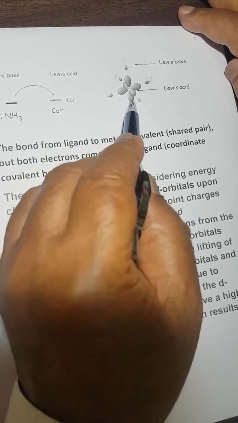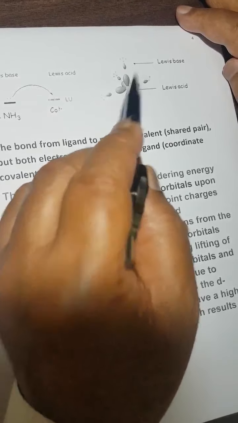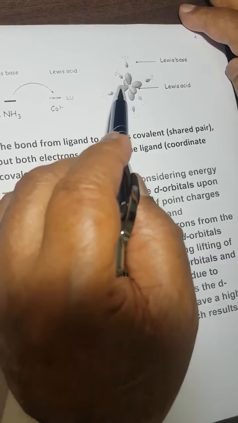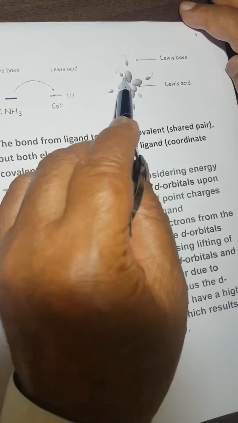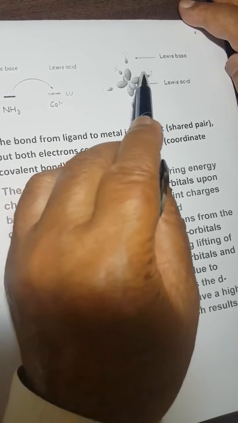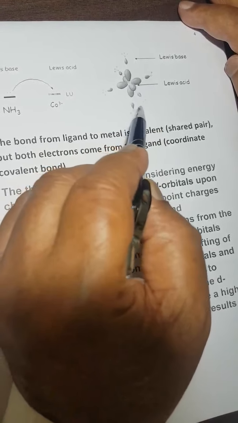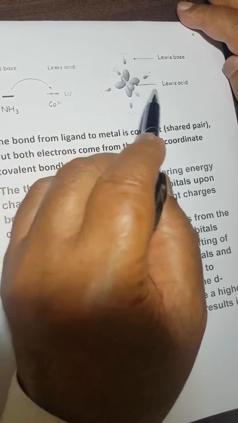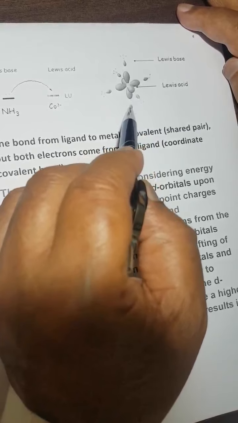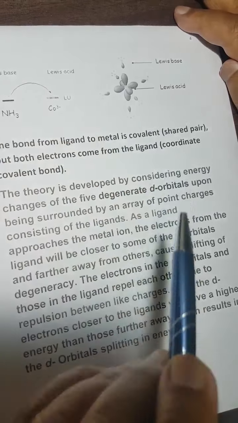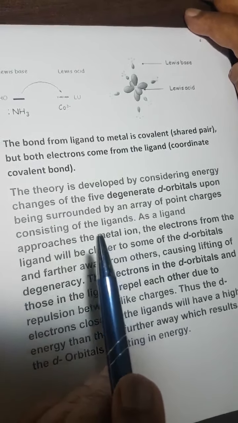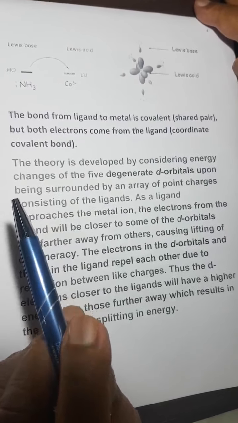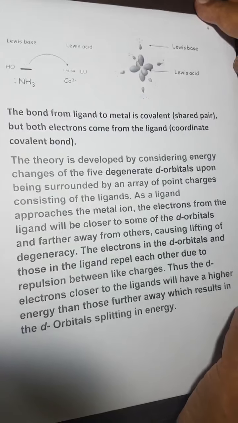So when this interacts, it goes up in energy. This is the x-axis, this is the y-axis, and this is the z-axis. All these ligands are coming on these axes, and therefore the orbitals on which the ligand is coming directly on the axis should go up.